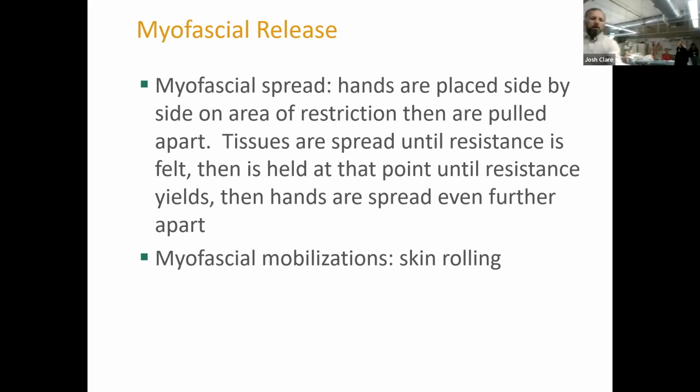So with our myofascial spread is pretty easy. If you know where there's an area of resistance, all I'm gonna do is I'm gonna place my hands on either side and give a spread apart. See how that? I start feeling that resistance and then I just hold it.